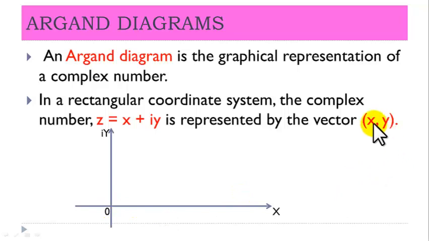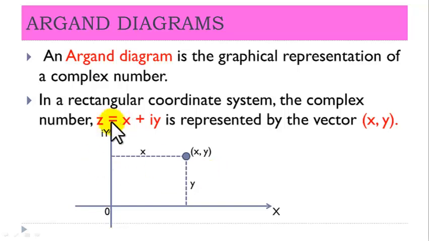Now, to locate the point (x, y) on this plane, we have to measure its distance x from the y-axis and its distance y from the x-axis. Where these two lines meet represents the point (x, y).